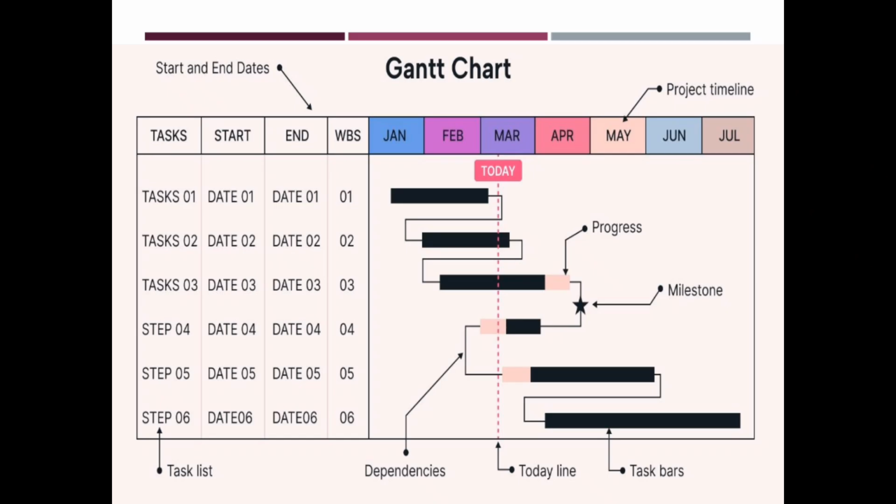Okay, here we have got a beautiful example of a Gantt chart, right? As we said, a Gantt chart, number one, has got tasks, right? So you can see here we have got what? Tasks. I've got tasks from number 1 up to number 6, right?